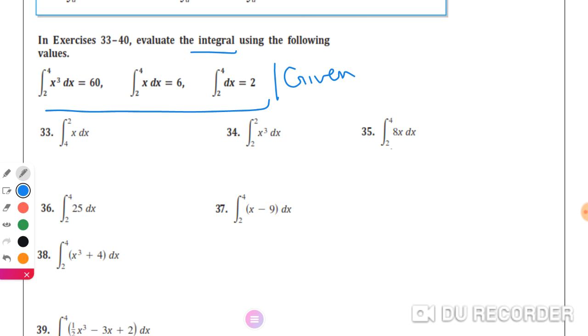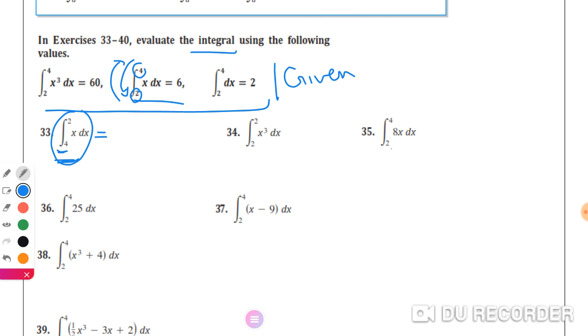Look here, the definite integral from 4 to 2 of x with respect to x, what will it be? What is the relationship between this integral and the given ones, and which property will we apply? I find this integral is the same as this one, but here I just switched the upper limit with the lower limit of integration.